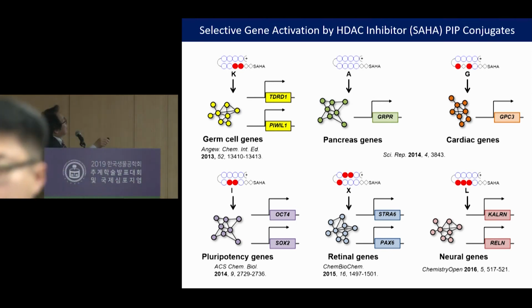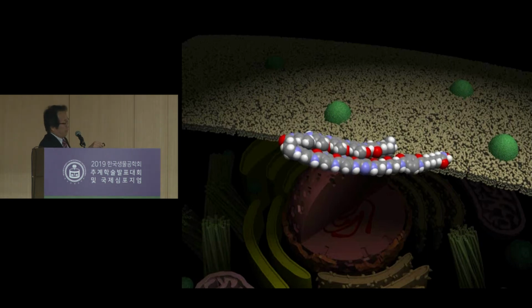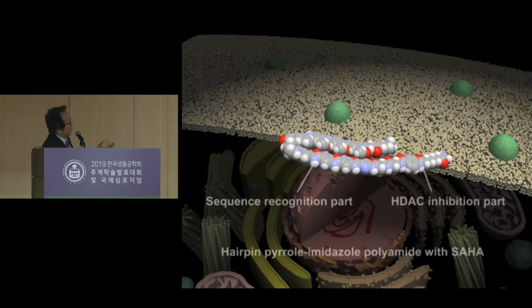The K SAHA conjugate activates germ cell genes, and I activates pluripotency genes, and K X activates retinal genes, and so on. And we made a video, and this part is the HDAC inhibitor.